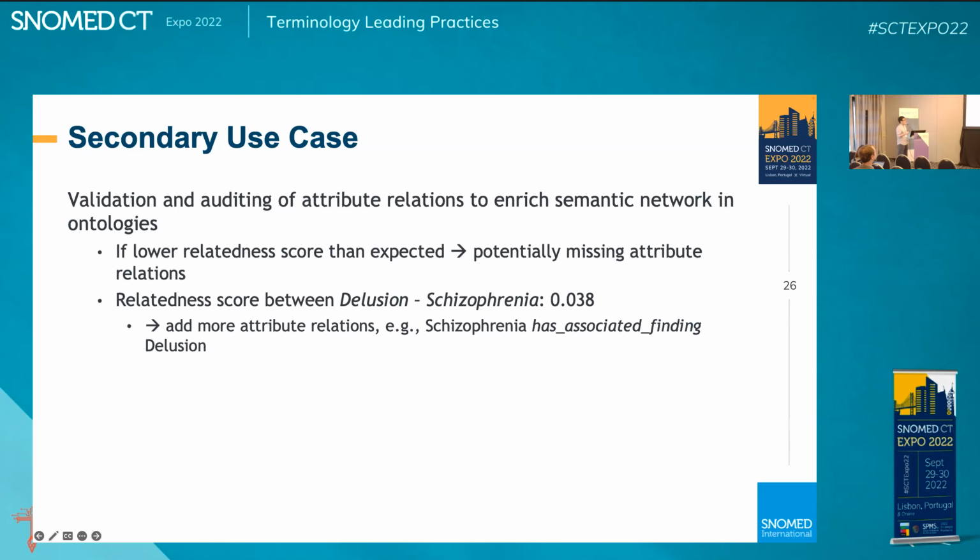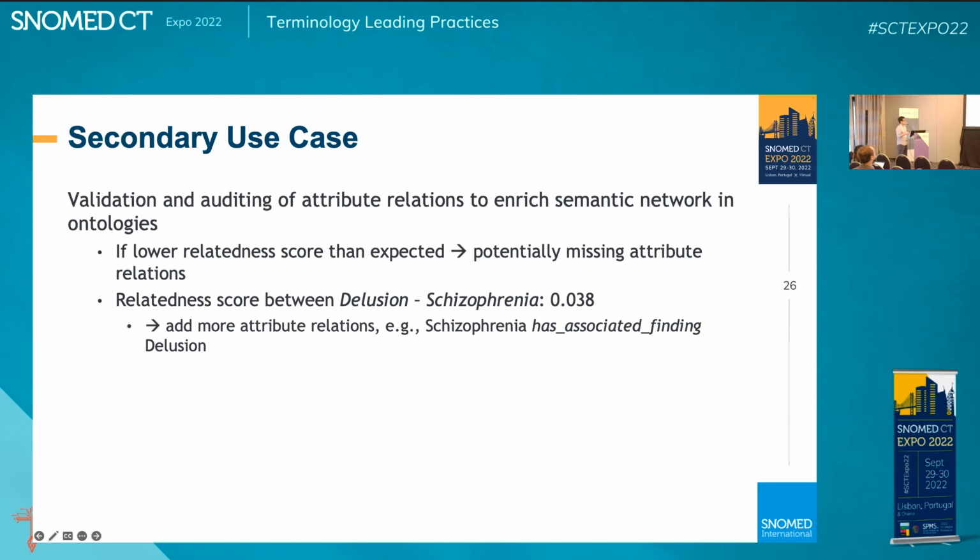So if we measure the relatedness between two biomedical terms using the current approach, and we find that the relatedness score is lower than expected, we will assume that there are missing attribute relations.